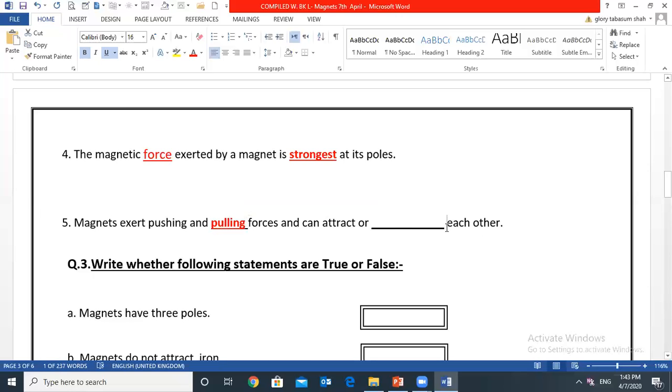Yes. Pushing and pulling forces and can attract or repel. Done? Now, I will repeat it again.